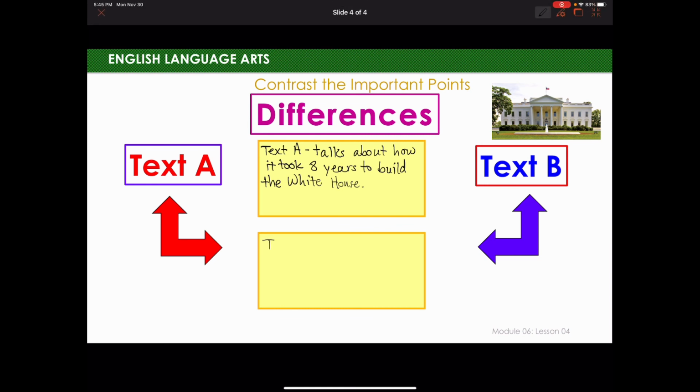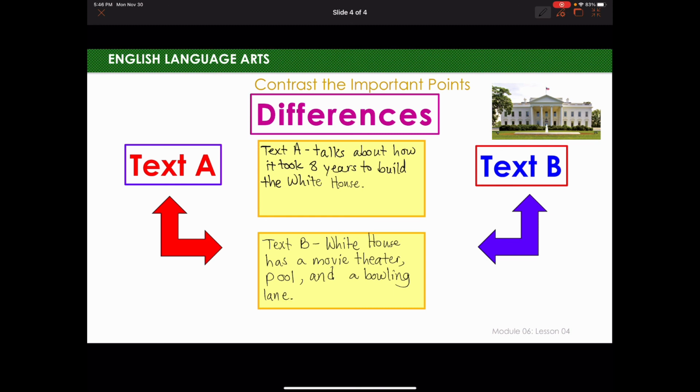So text B said that the White House has a movie theater, a pool, and a bowling lane. And that was not mentioned in text A.